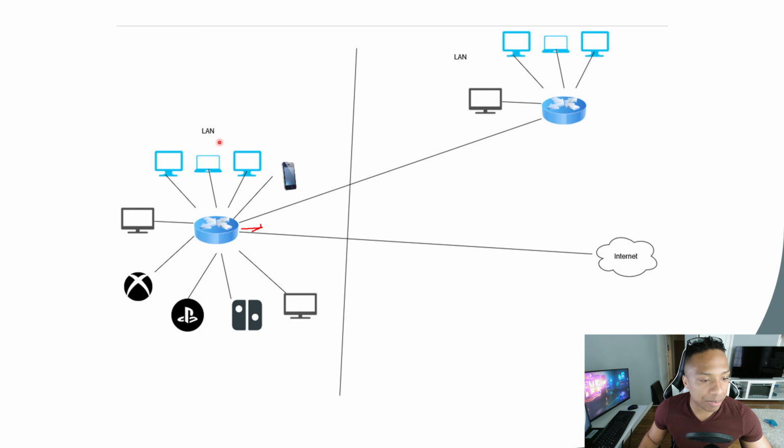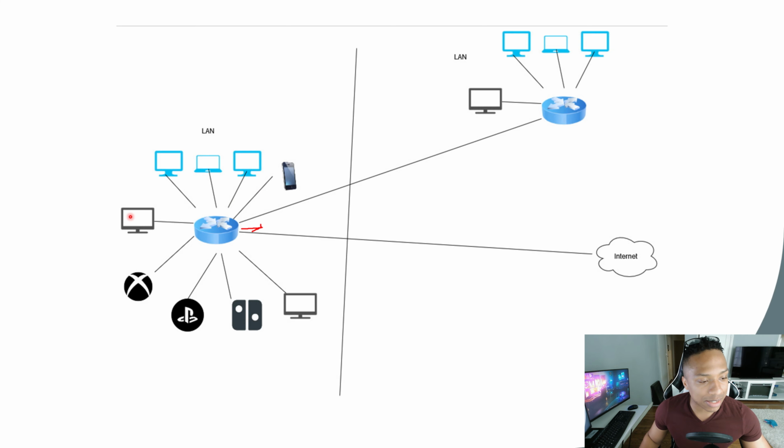It's all connected because you have to have internet access on all of them. You want to download the latest games, you have to have internet access on your consoles. You want to watch Netflix and chill on your TV, you need to have internet. If you want to do stuff online on the computer, you need internet, obviously. Same with your phone. So everything here connected to each other is your LAN.